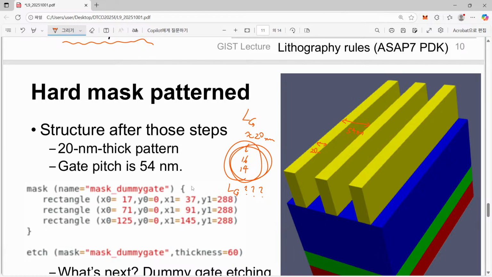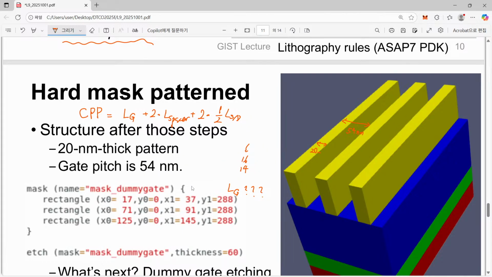That is a quite important question, because our CPP, now you understand, is made of these components. CPP is a sum of gate length and also 2 times the spacer length and 2 times the half source drain length. If you don't understand right now, I will explain it later.